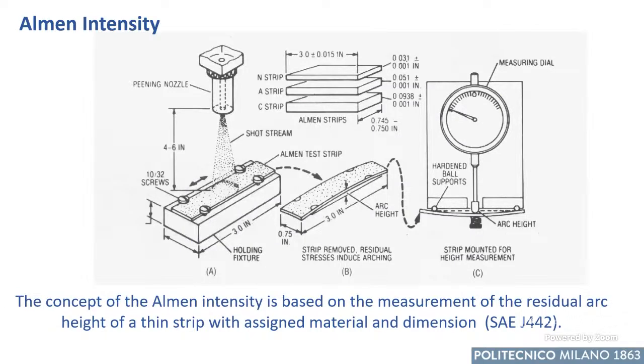That is, we use a thin strip of a fixed material, a steel. We pin it just on the side. This is fixed. Then we remove the screw and we measure the final arc height. This is the intensity, which is related to the energy associated to the velocity, the kinetic energy of the shot stream.